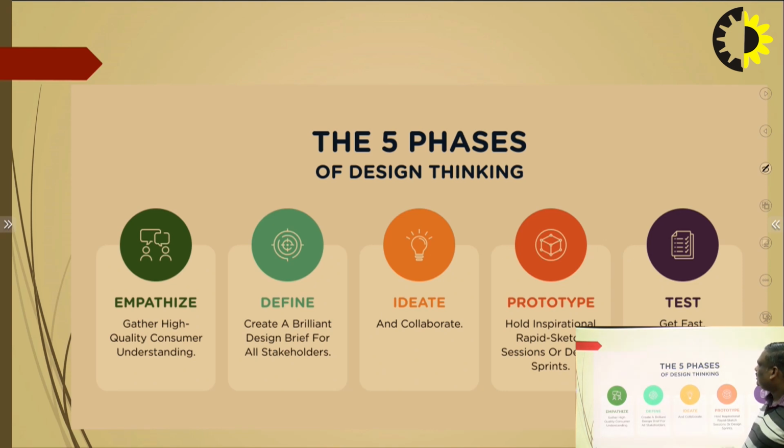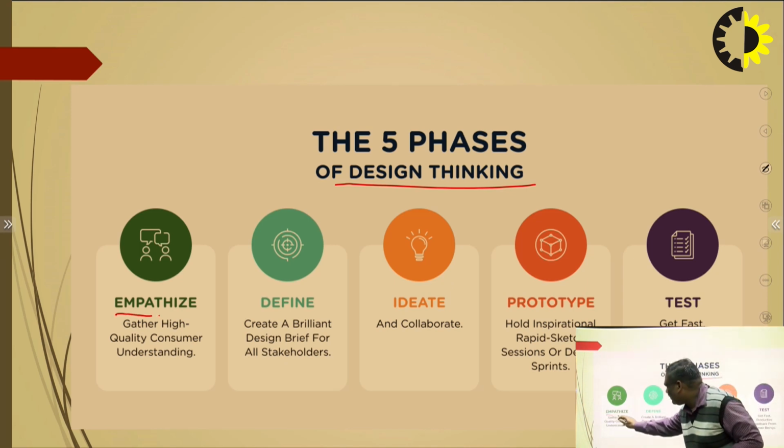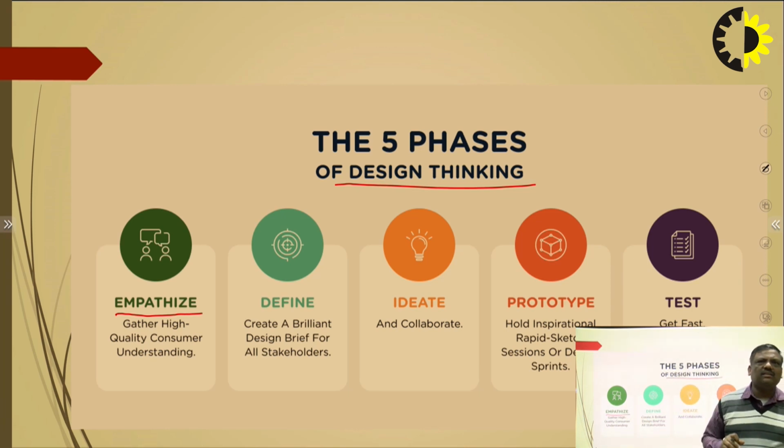So the next one is design thinking. Here are the 5 stages of design thinking. The first one is empathize. Empathize is nothing but when we collect all the requirements from the client side, we research on that. The designer collects all the information from the client side and finds a way to a higher quality product.